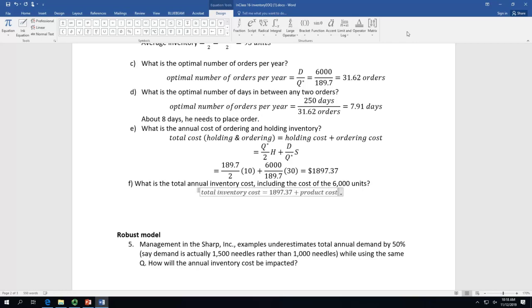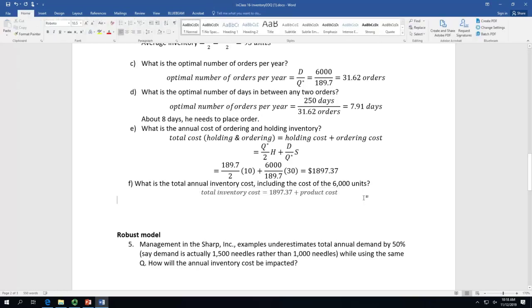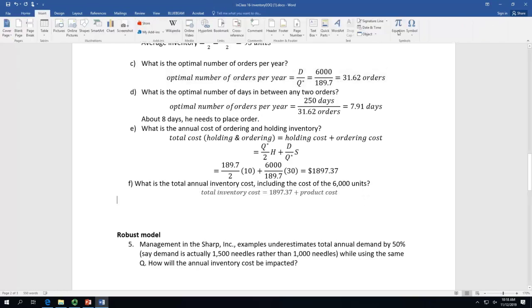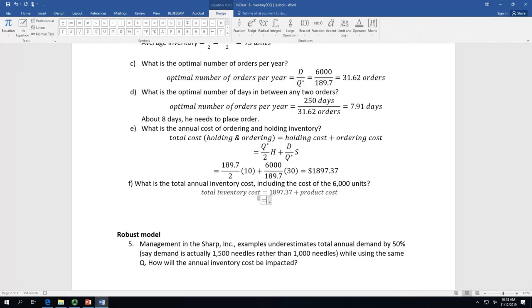That is 1,897.37 plus 6,000 times 100 for each piece, which is 61,897.37.